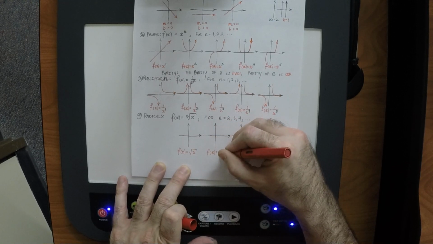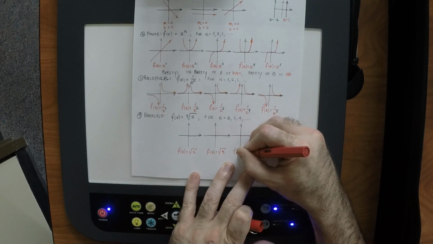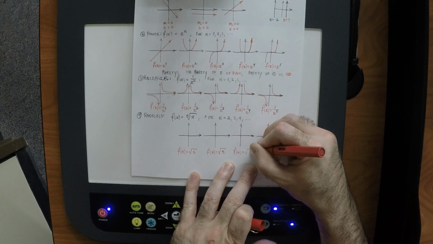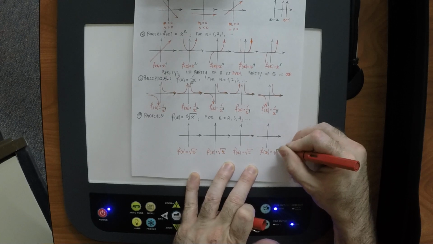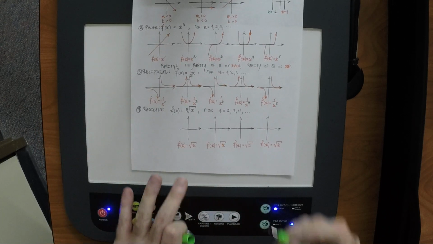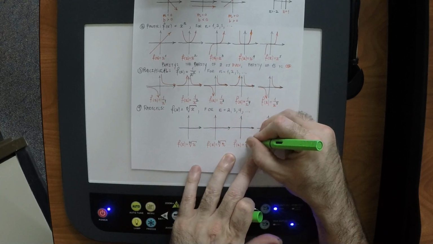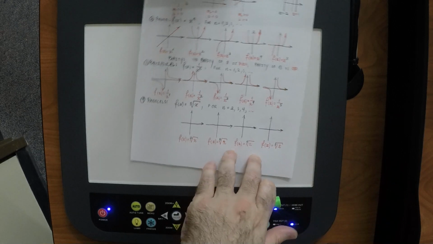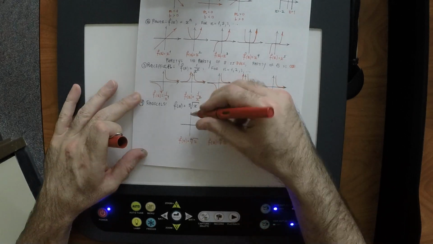F of x is cube root of x. F of x is fourth root of x, and f of x is fifth root of x. So now I'm going to write the radical number in green. So 2, 3, 4, 5. And of course, when the radical number is 2, you usually don't write that. Okay, so then the plot of square root of x looks like this.